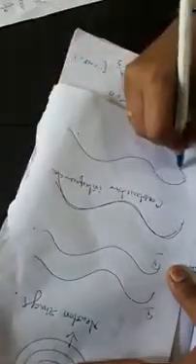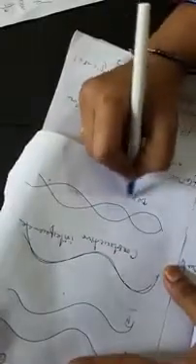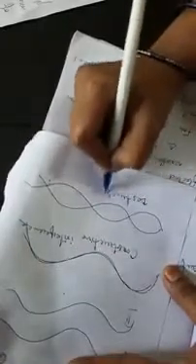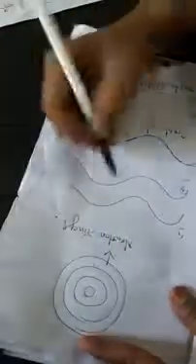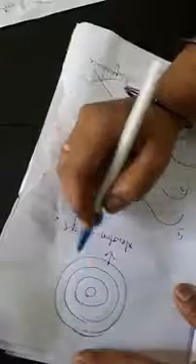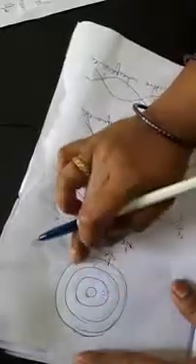And sometimes the crest of one wave falls on the trough of another wave, and this is known as destructive interference. Here, due to the interference pattern, a number of alternate dark and bright fringes are obtained, and these are known as the Newton rings.